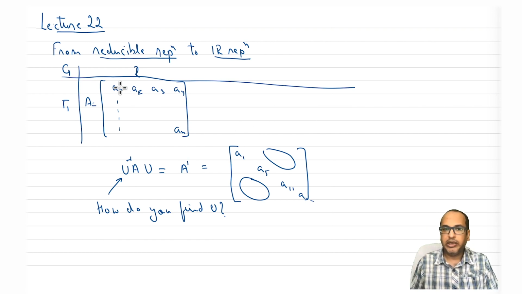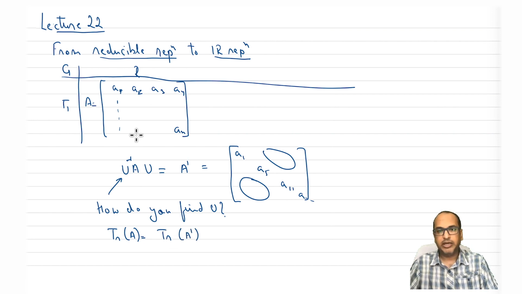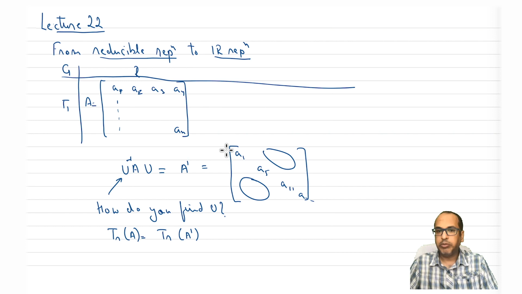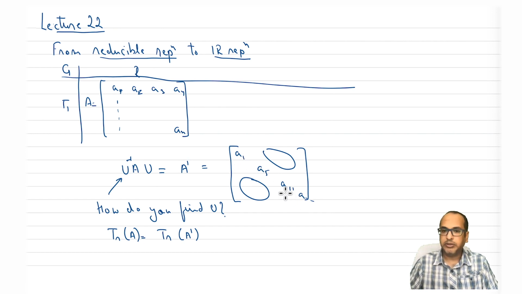The important point here is that trace of A is equal to trace of A prime, right? We have seen that a similarity transformation does not change the trace of the matrix. And because A prime is a diagonalized matrix, all the individual diagonal blocks come from the irreducible representations.